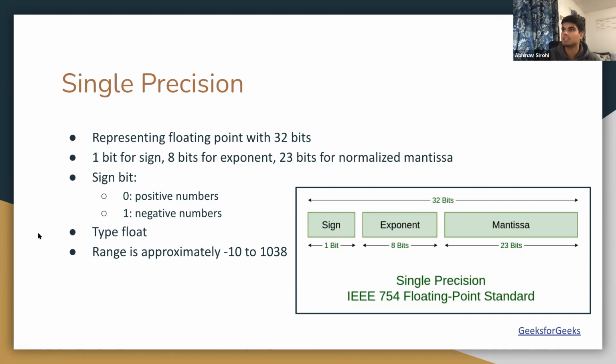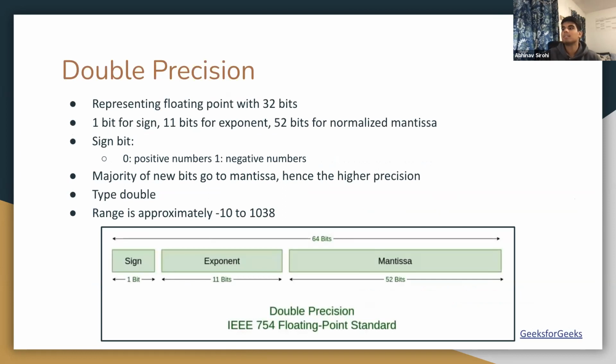And when we actually have a type double, it's a double precision number, so it gives 11 bits to the exponent and it gives 52 bits to the mantissa, which is the part after the decimal point. And so this actually gives you a lot more precision. And this is what a type double is.